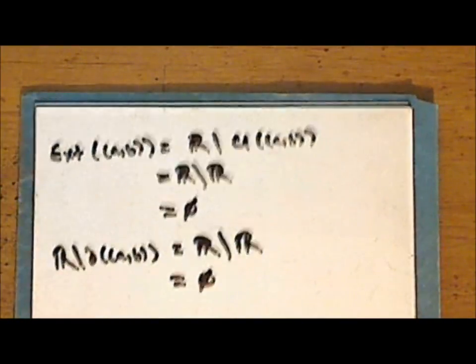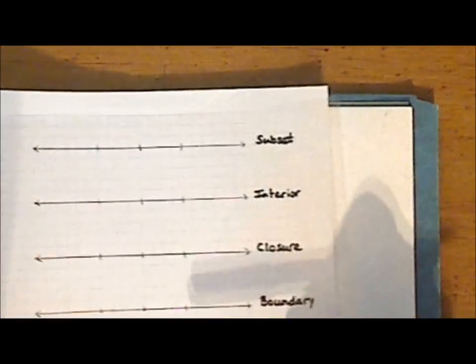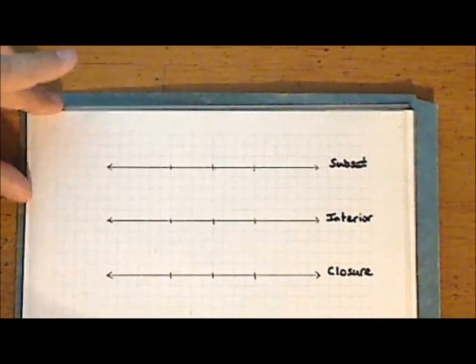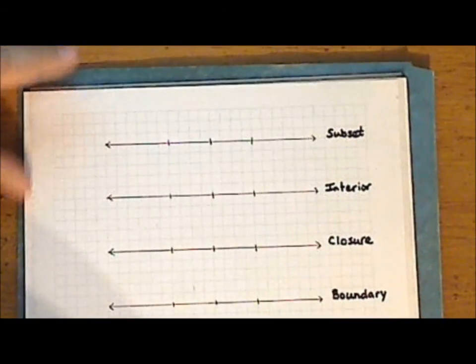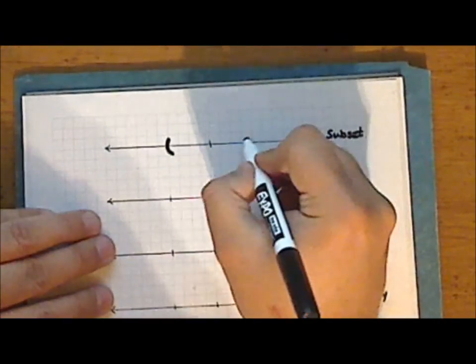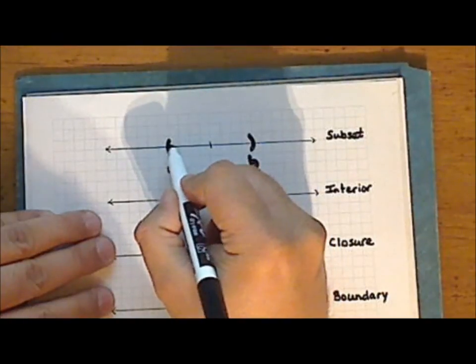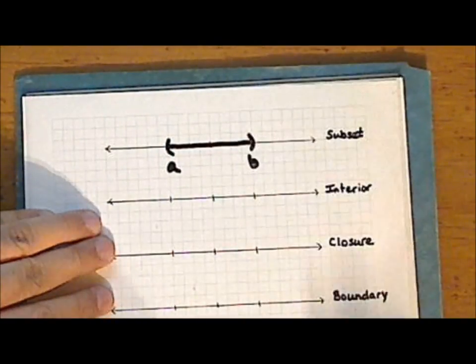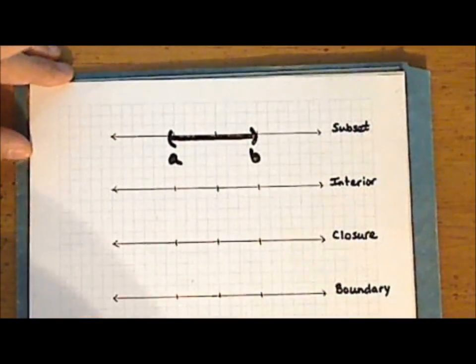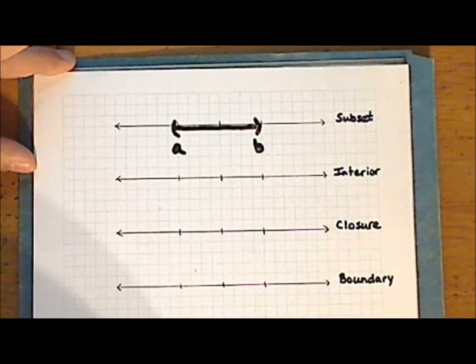So let's look at the geometry of this subset in this space. The subset, once again, is the interval, that is all real numbers strictly greater than A and strictly less than B. This subset has no interior.